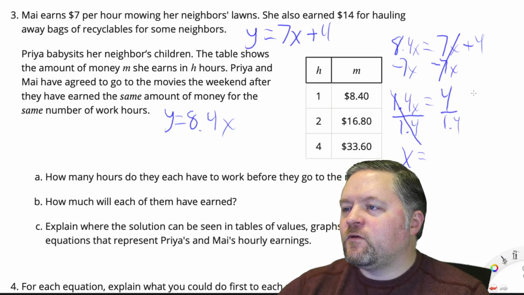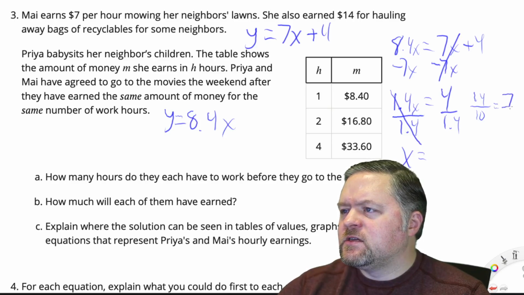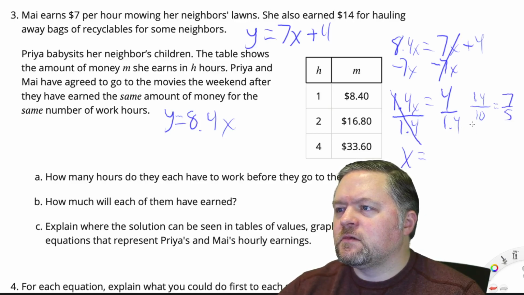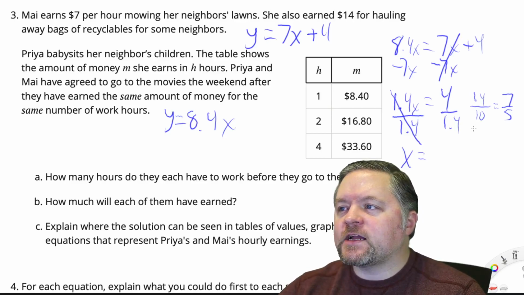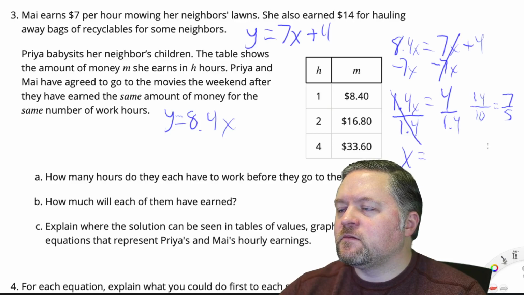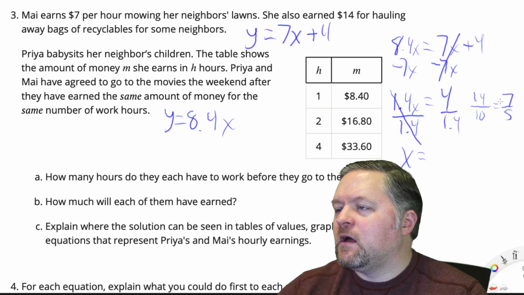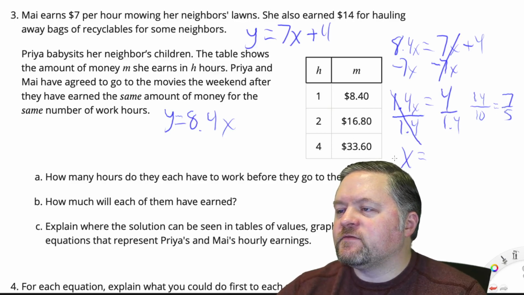Well, 1.4 is 14 tenths, which is 7/5. Dividing by a fraction means multiplying by the reciprocal. The reciprocal of that is 5/7.